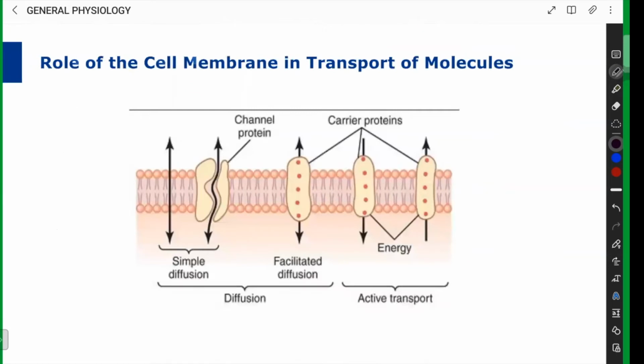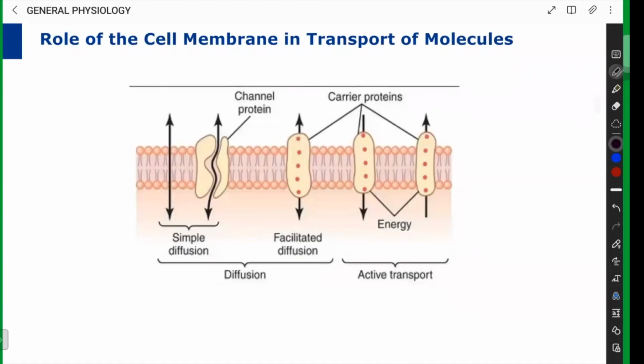When this carrier protein facilitates movement from a higher solute concentration to a lower concentration, then you call it passive transport. When the same proteins help with the usage of ATP, moving solutes from a lower concentration to a higher concentration, then you call it active transport. Is it clear till now?